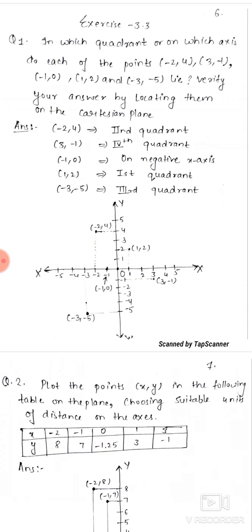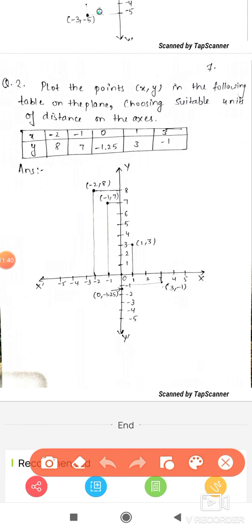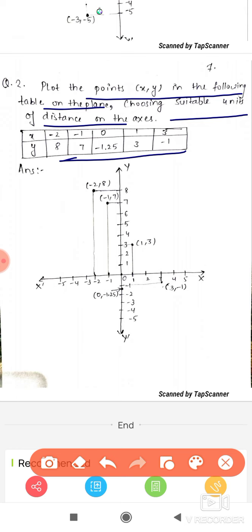Now see, in the second question they have said just plot the points (x, y) in the following table on the plane, choosing suitable units of distance on the axes. This table is given in the question. We have drawn the x-axis and the y-axis, and then we will just plot the points.